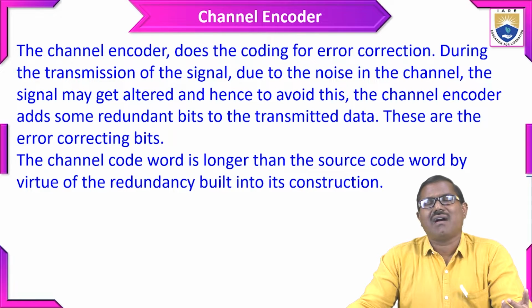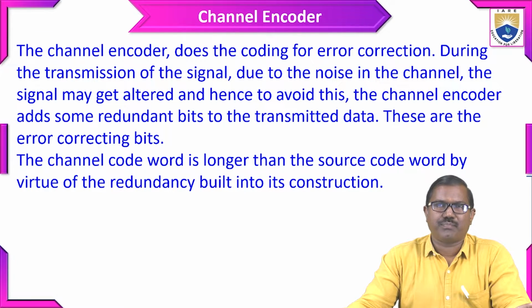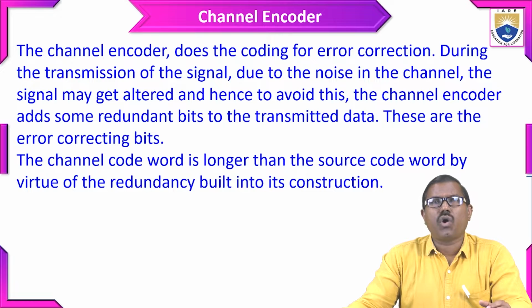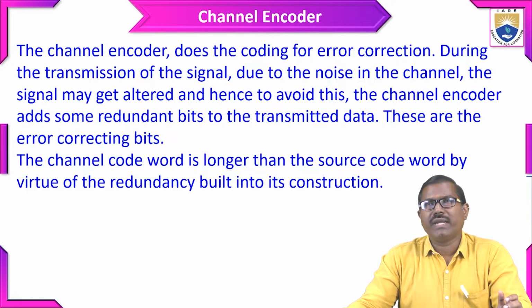In the channel, noise will always add up. Whenever the noise adds, the signal gets distorted, and the distorted signal produces some errors. These errors have to be detected and corrected. By using this channel encoder, we can detect and correct those errors.